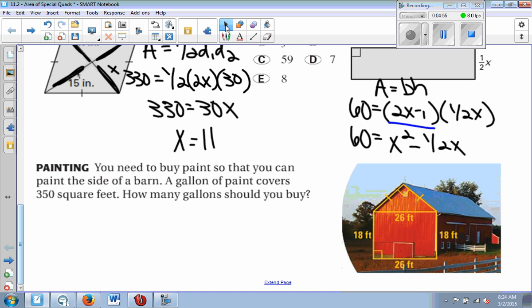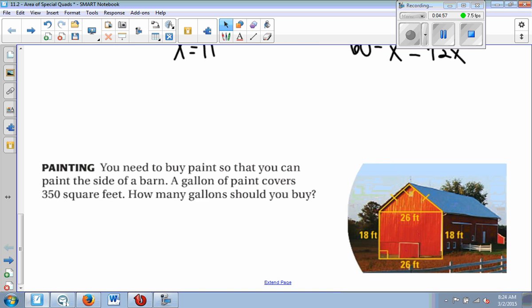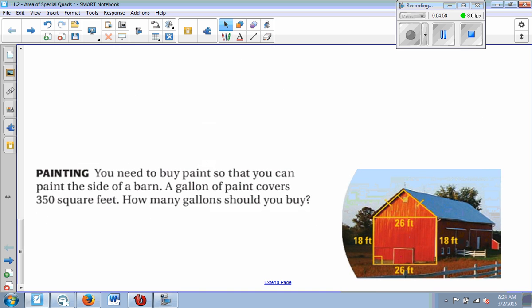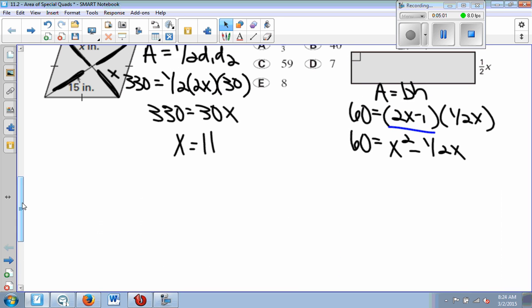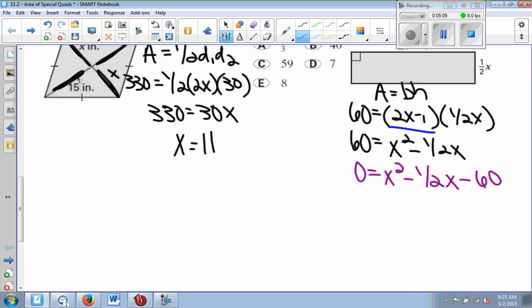And then we're going to solve by doing the quadratic formula because this is a quadratic. So just like we reviewed in last class, if you subtract 60 from both sides, that's what you get. And it's now in what's called standard form. So ax squared minus bx minus c.